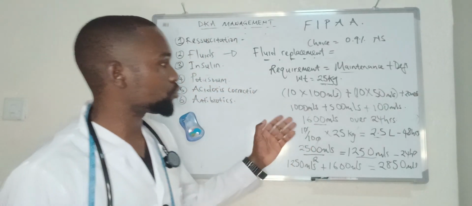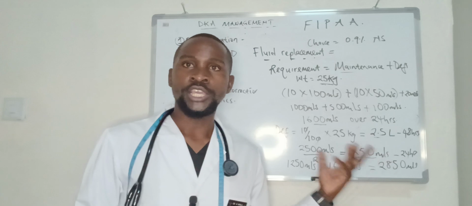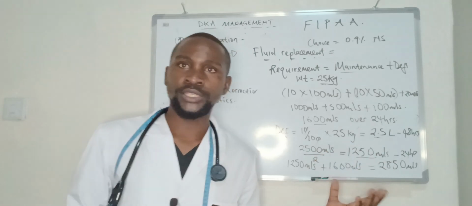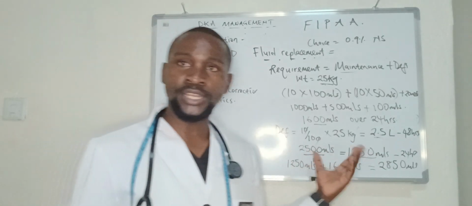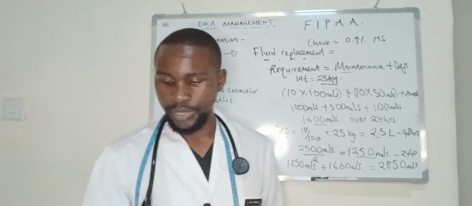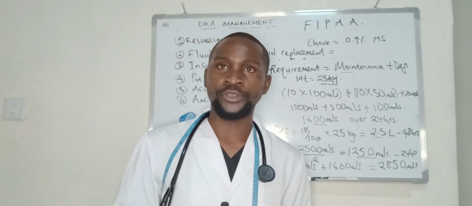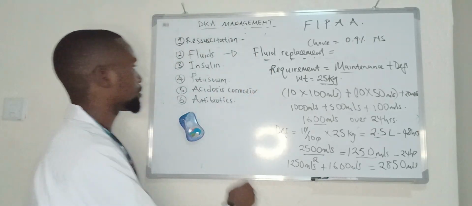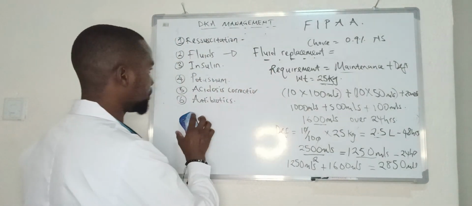The reason you switch the fluids is to prevent hypoglycemia, because as you give these fluids the patient may go into hypoglycemia. So that is how you are going to be calculating your fluids in DKA patients.